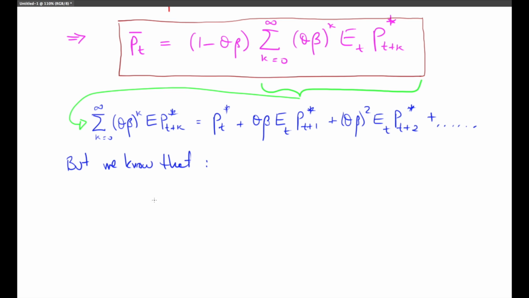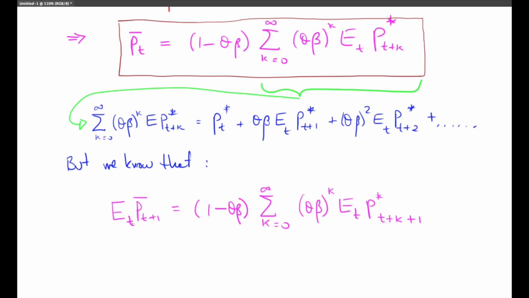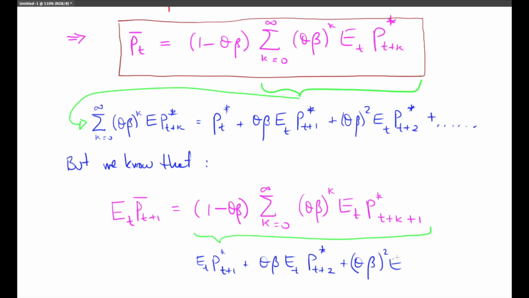Let's see, we know that if we forward one period the expression that we have in the brown box above, we can express exactly the right hand side very similar to the former expression that we have in the blue.